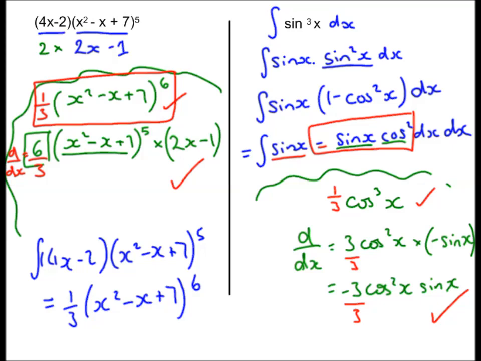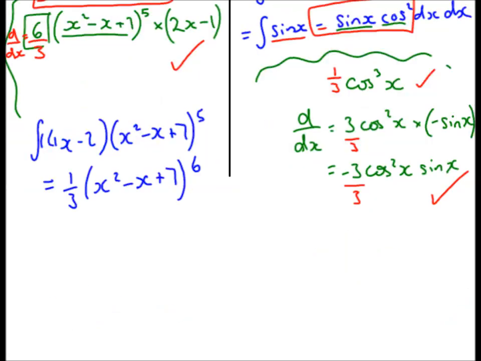So I can say now that when I integrate sine x cubed, I'm going to get my sine x integrates to minus cos x, and the minus sine x cos squared x becomes a third cos cubed x. And obviously we need our plus c at the end.